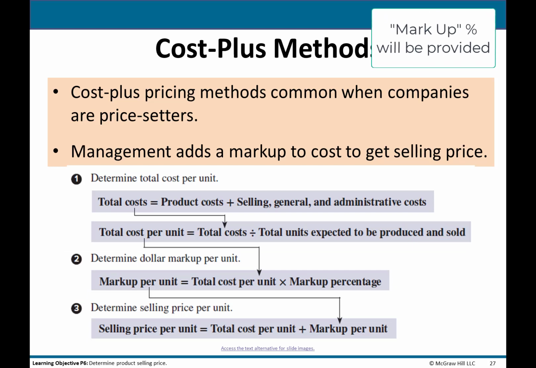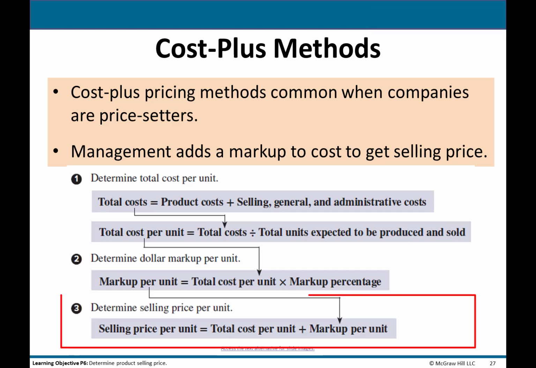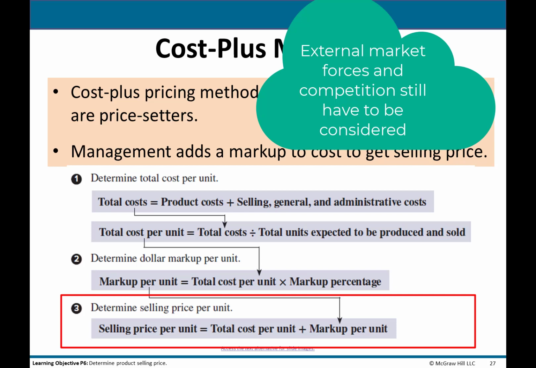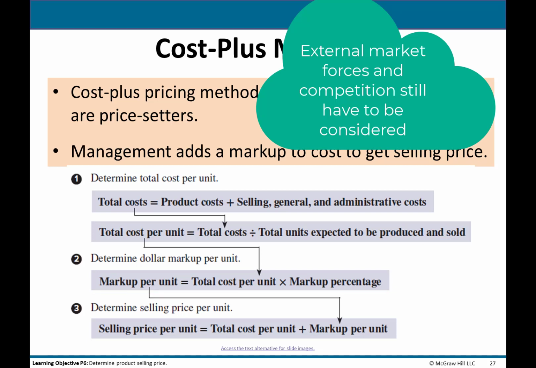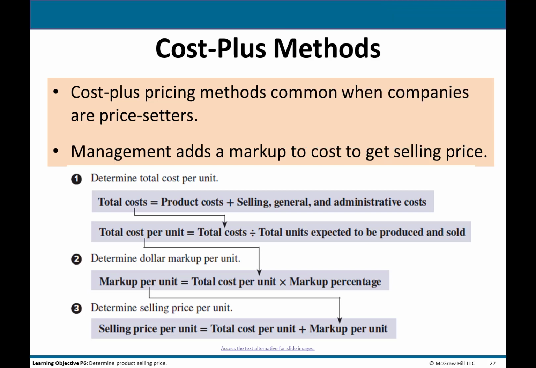Once we calculate the markup and we add it to the total cost per unit, we come up with the selling price per unit. Of course, that would have to be compared to other products that are out there, to the laws of supply and demand. We'd have to take a look at the competition, but that's generally how price setters calculate their selling price.